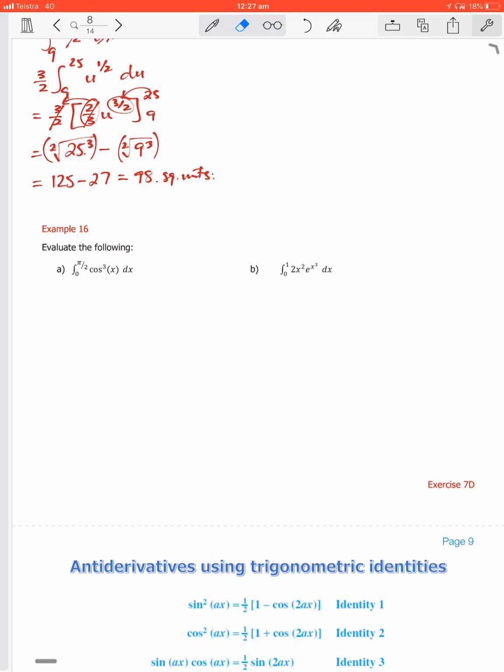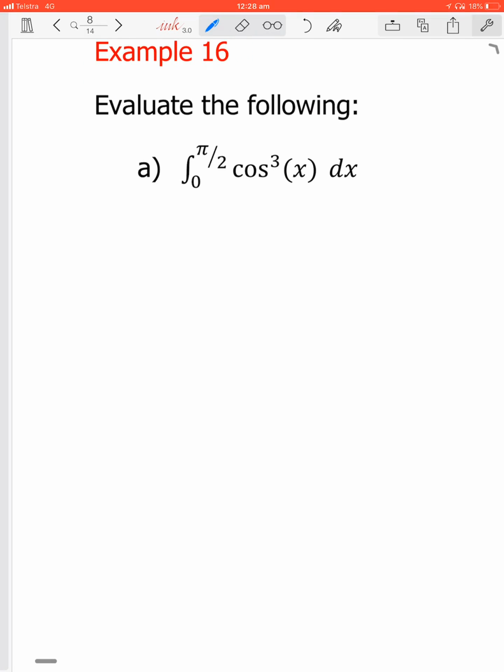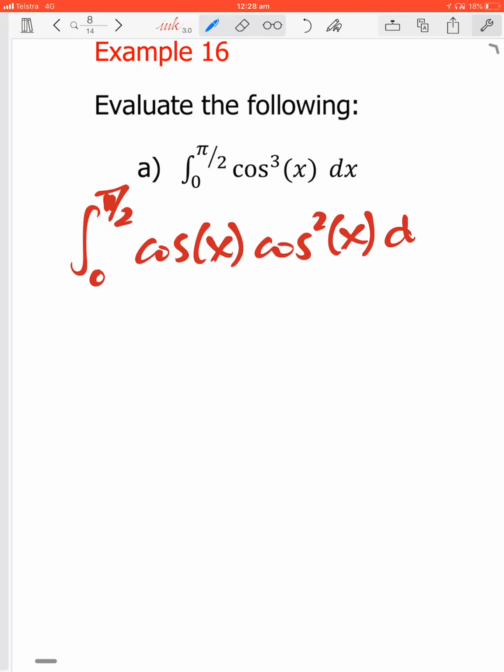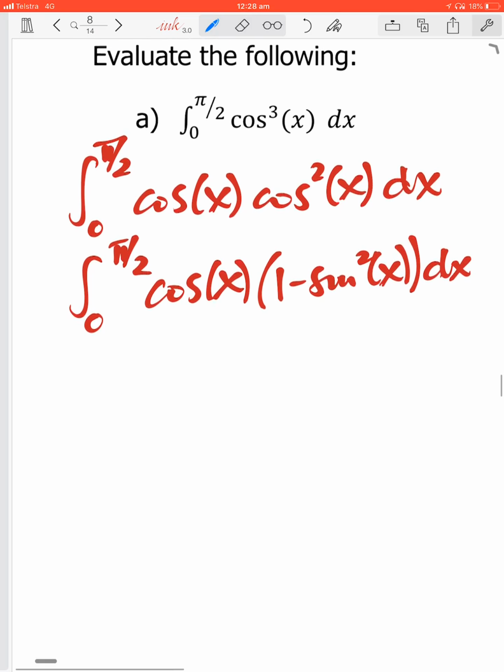Now, cos cubed x, we know that that is, let's make it bigger. So 0 to pi on 2, cos of x, cos squared of x dx. And we know that that's 1 minus sine squared. So 0 to pi on 2, cos of x, 1 minus sine squared of x dx.